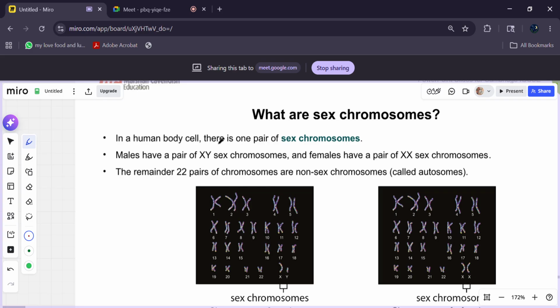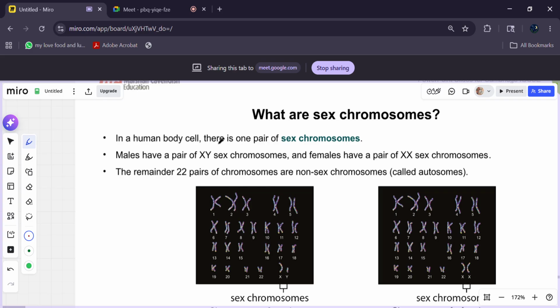This means that each body cell has one pair of each type of chromosome. Hence, the human body cells are diploid with 23 pairs of chromosomes.